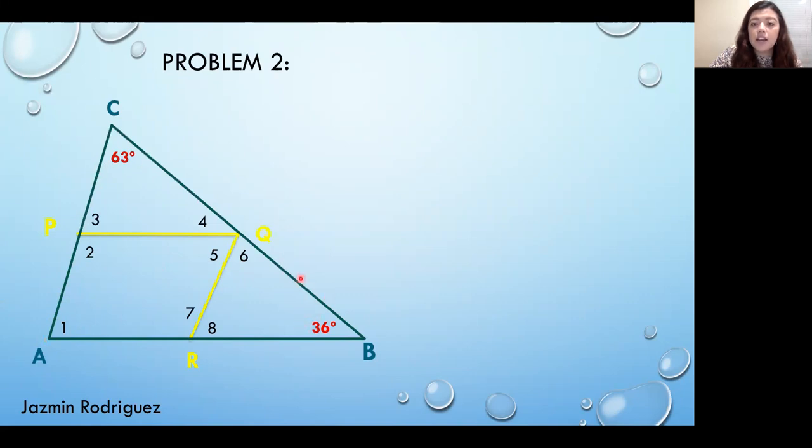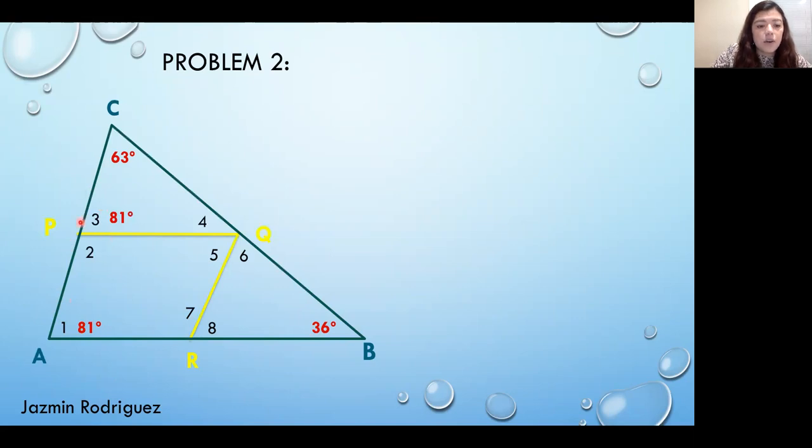That means that we'll take 180 degrees and subtract our 63 degrees and our 36 degrees to give us 81 degrees for our angle 1 measure. Next, we see that angle 1 corresponds to angle 3, which means that they will be equal. Therefore, angle 3 is also 81 degrees.